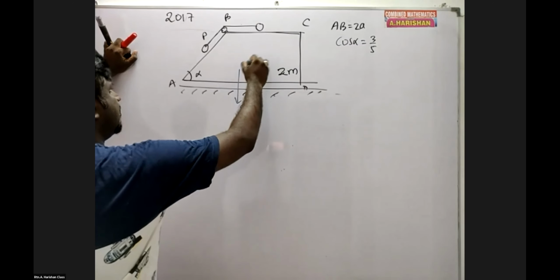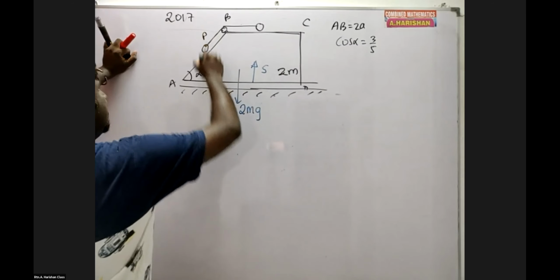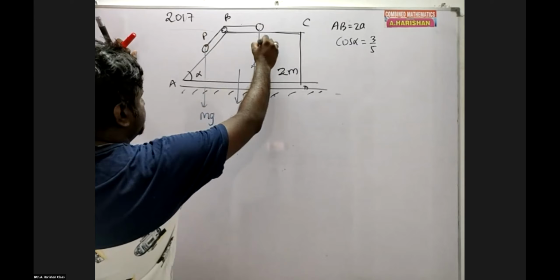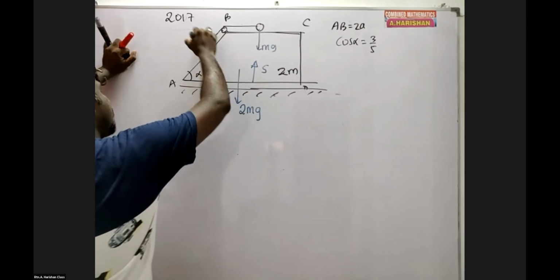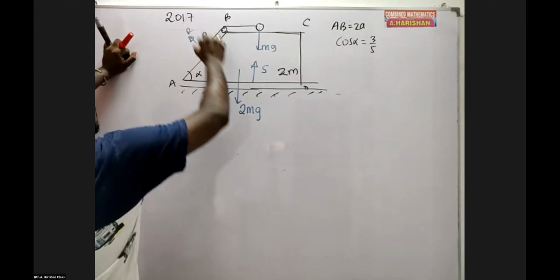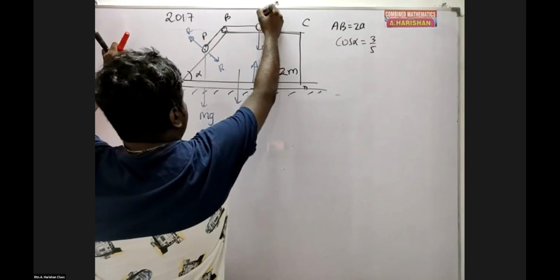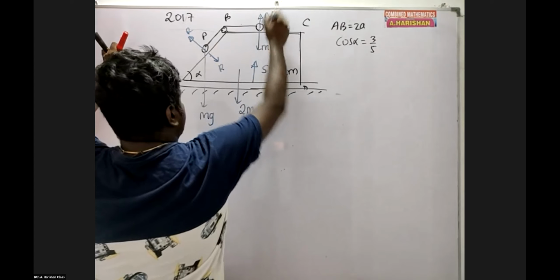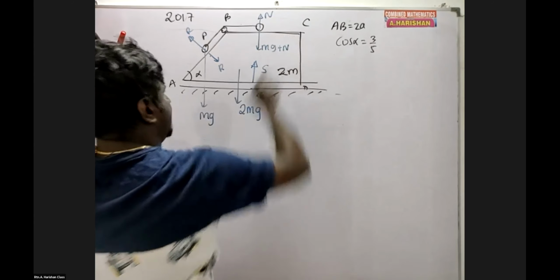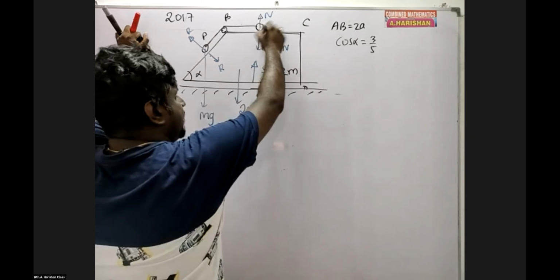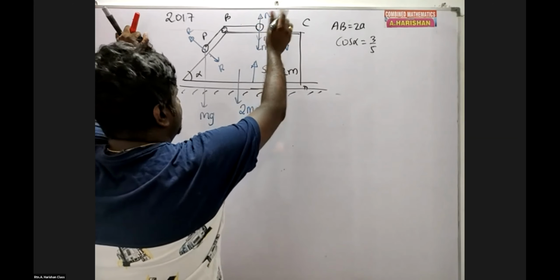And reaction S. Here mg, here mg, here reaction R, and here reaction R. So here I put reaction N. Here I can put plus N, or if you want, you can put N separately like this.